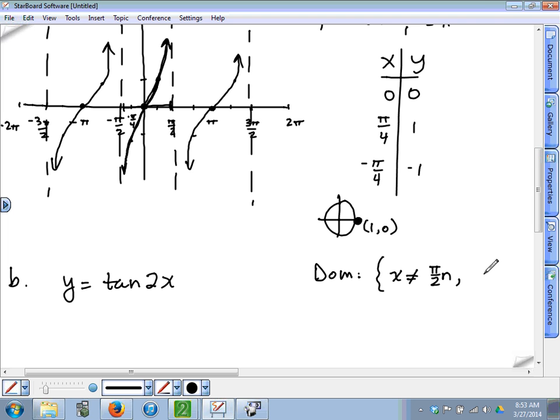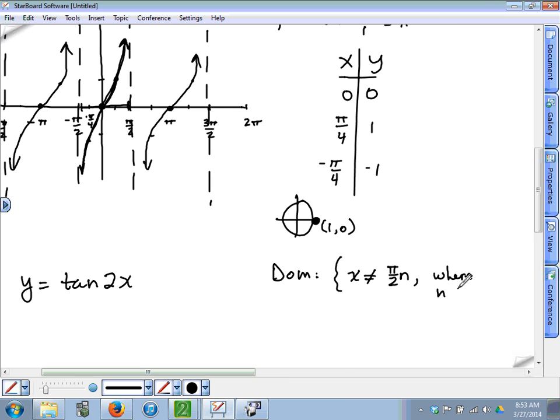Now, there is a little more sophisticated way of writing that. What would be a good way of always getting odd numbers? There you go. Where n is an integer. What's an integer? Positive, negative numbers.